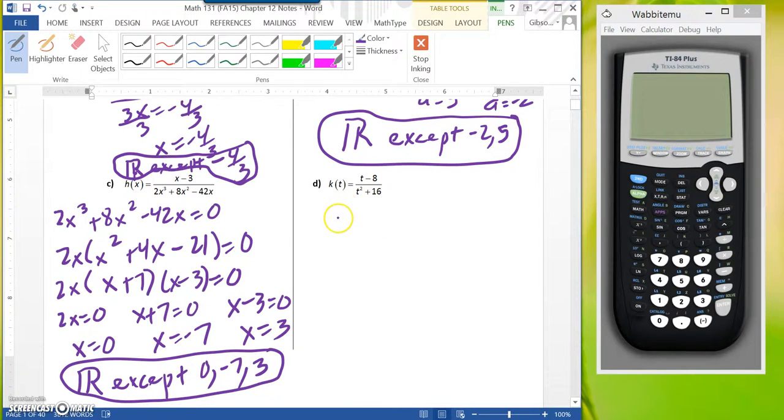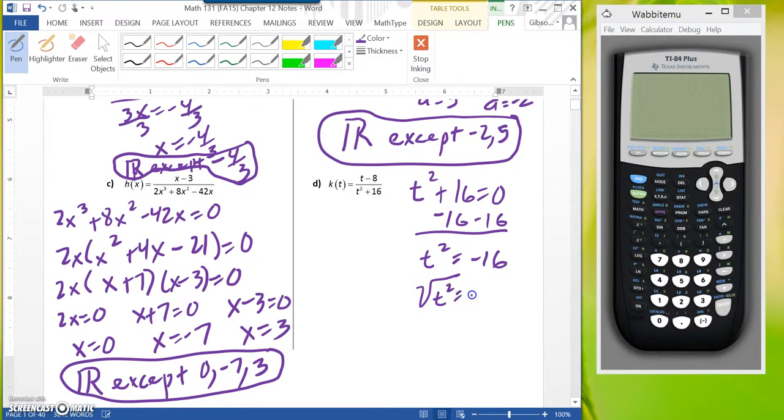Now we come here to D. Now we will set our denominator equal to 0. So we had t squared plus 16 equals 0. Now we know we cannot factor this here, but we can subtract 16 on both sides. And we had t squared is equal to negative 16. Now we would take the square root of both sides.